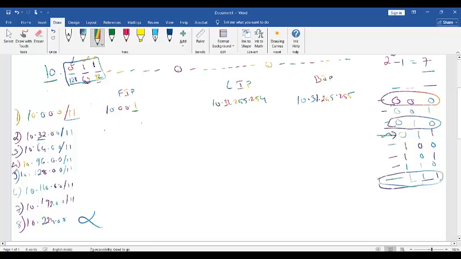Now next department, 10.32.0.1 is the first IP. 10.64 is the next network, so 63. 10.63.255.255 is the broadcast, and the last IP is 10.63.255.254. Now what will be the first one?